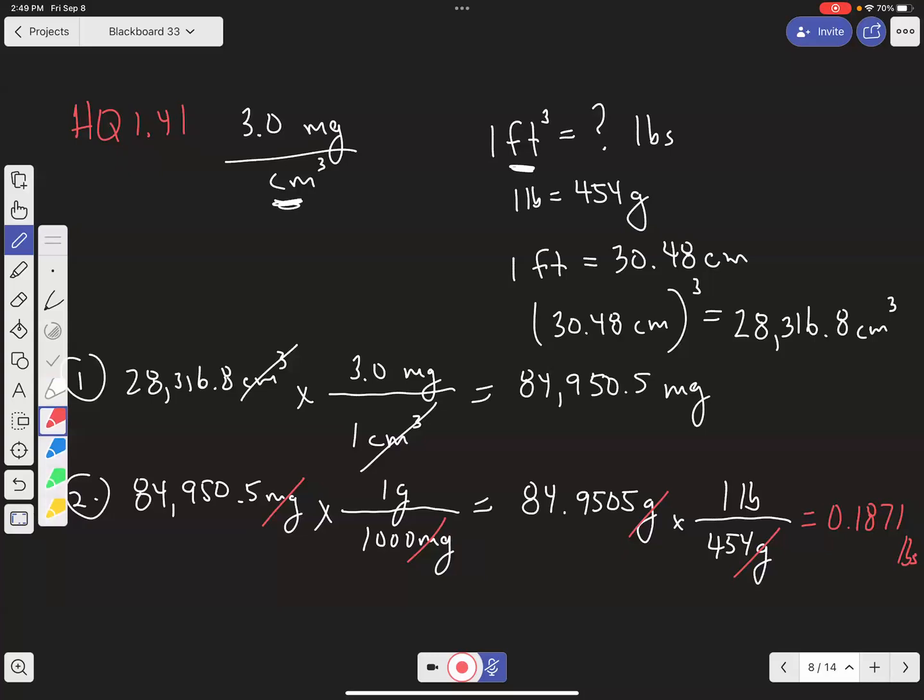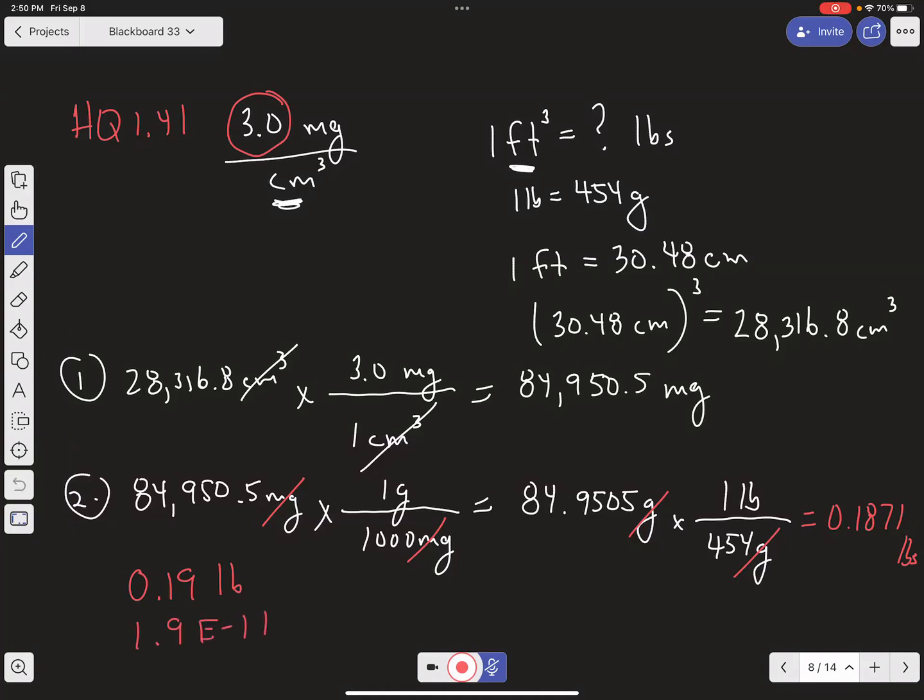That's the only number they gave us, the 3.0, which is 2 significant figures. We should report our final answer to 2 significant figures. So we would say 0.19 pounds, or in scientific notation, 1.9 e to the -1 pounds, for question 41 from the homework.